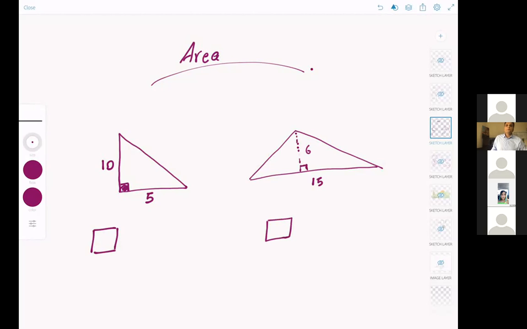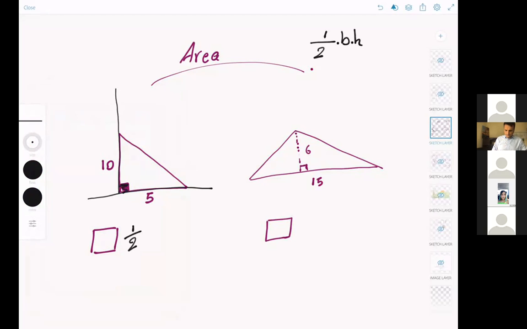What was the formula to find the area of a triangle? It was base times height divided by 2, correct? So you say, oh, 1/2 base times h. So this can be base. This can be the height. Why do I call it height? Because it's 90 degrees. So I can use that formula.